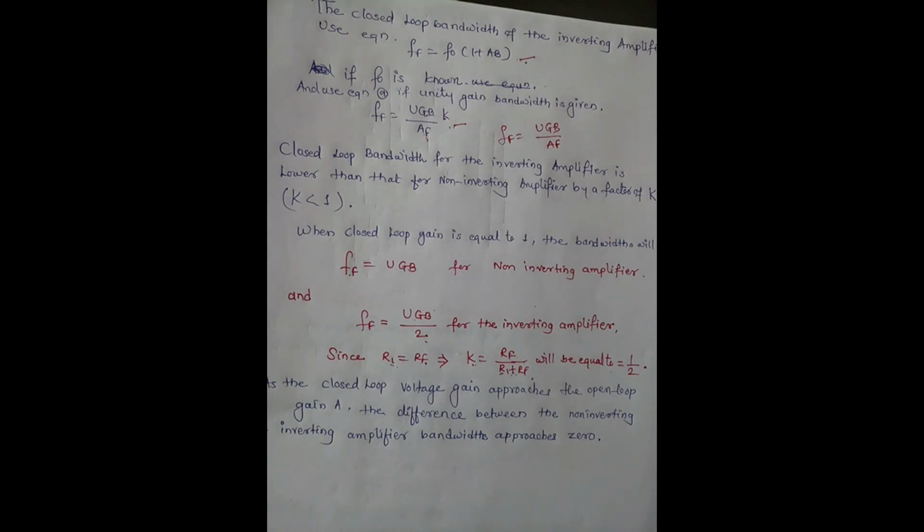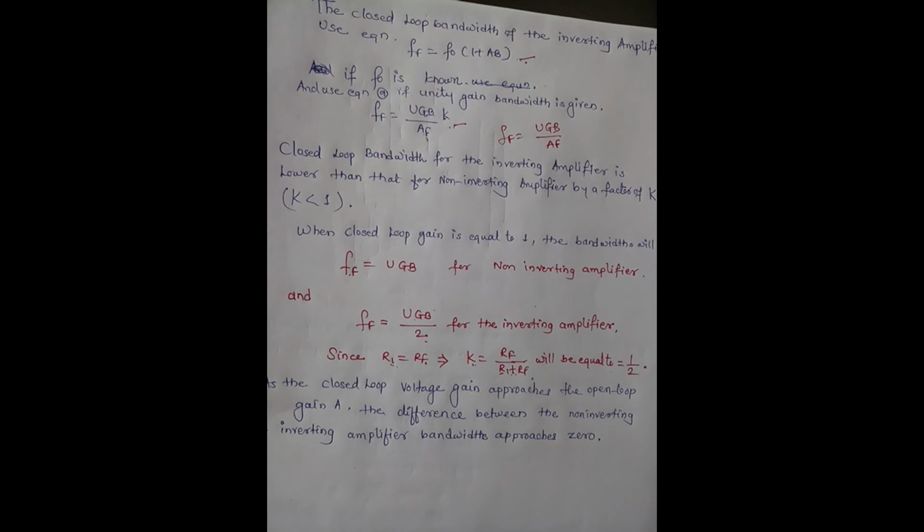For the voltage series feedback amplifier, we have also seen how we calculated the bandwidth and other parameters. For the voltage shunt feedback amplifier, till now we have derived its gain equation, input resistance, output resistance and bandwidth.